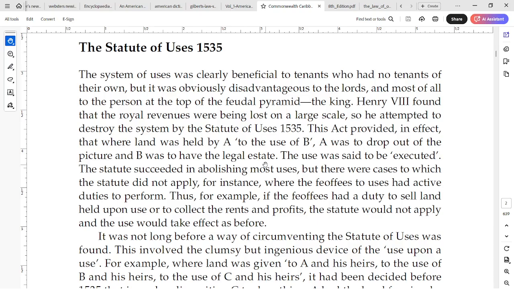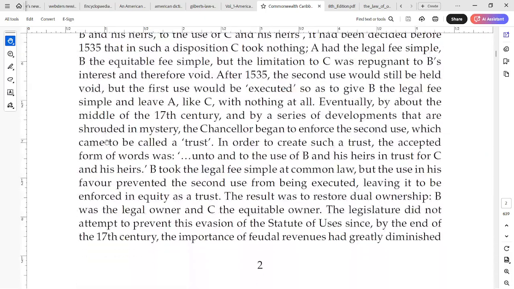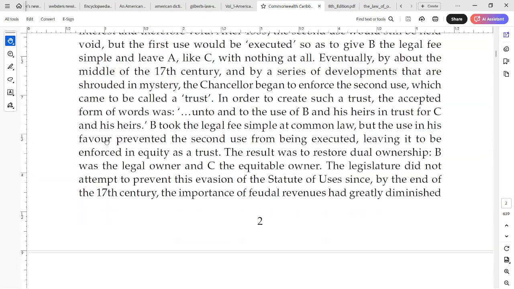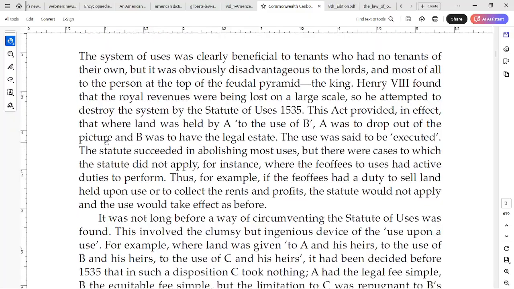Today we're continuing the Commonwealth Caribbean Trust Law series by Codaline, and we're continuing from the Statute of Uses of 1535. This goes into a short explanation of how the Statute of Uses came about.